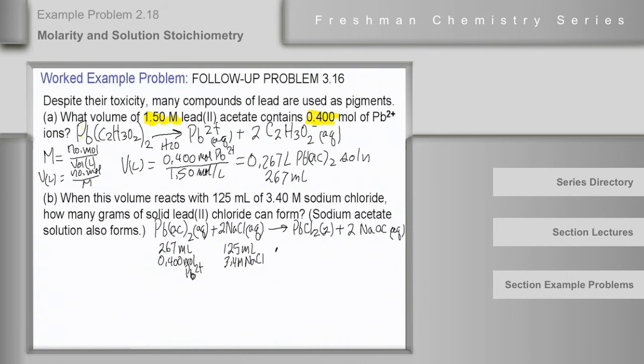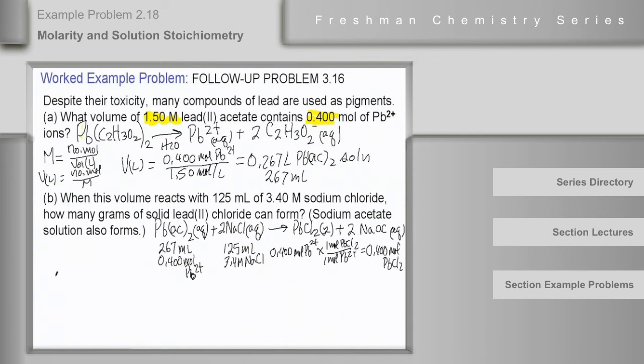So that will be very easy, because we could start with 0.40 moles Pb2+ times 1 mole of PbCl2 per 1 mole of Pb2+, and of course that's 1 to 1, so we're going to get 0.400 mole of PbCl2 precipitate. That would assume that we have an excess of sodium chloride.